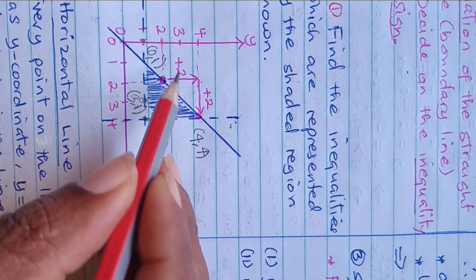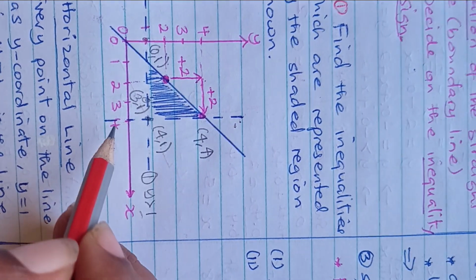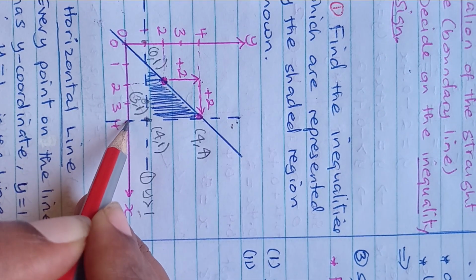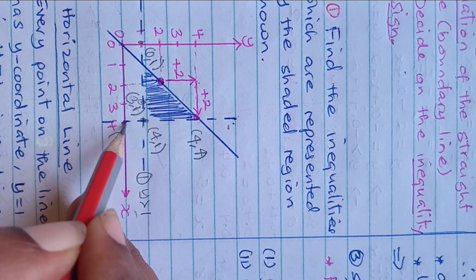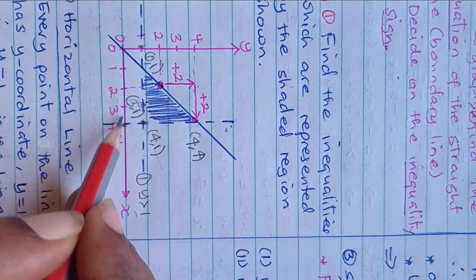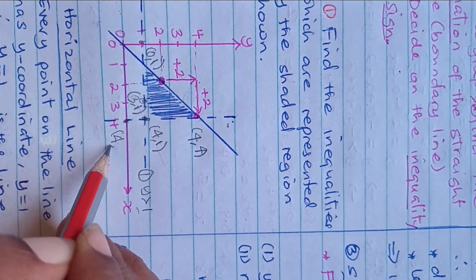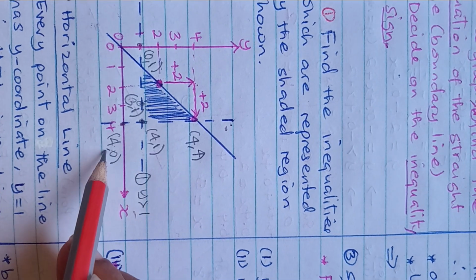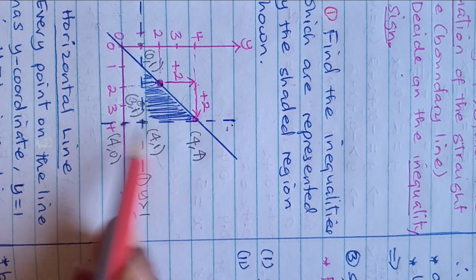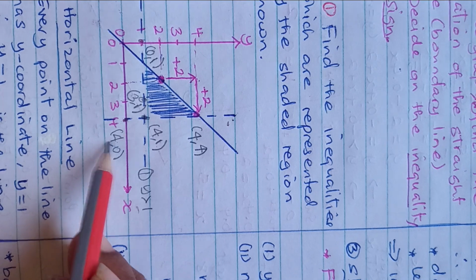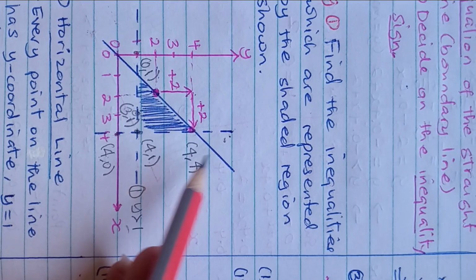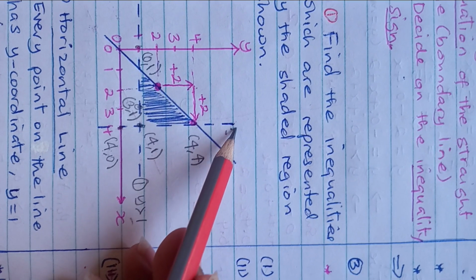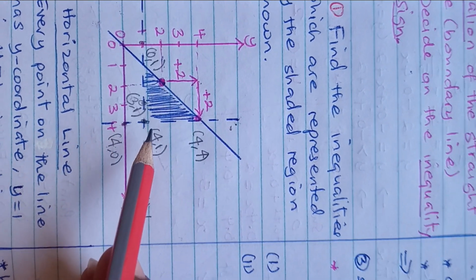How about this point right here? At this point, your x coordinate is 4 and the y coordinate is 0. So everywhere along the line, the x coordinate is 4. So the equation of this line is x equals 4.